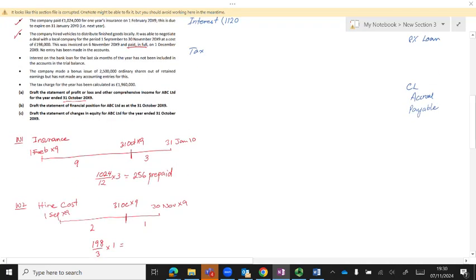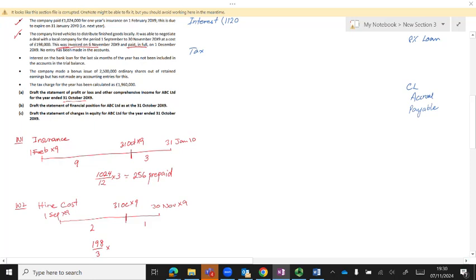Wait, let's see if we have paid for it. You see, it says the invoice was received on 6th of November 2009.